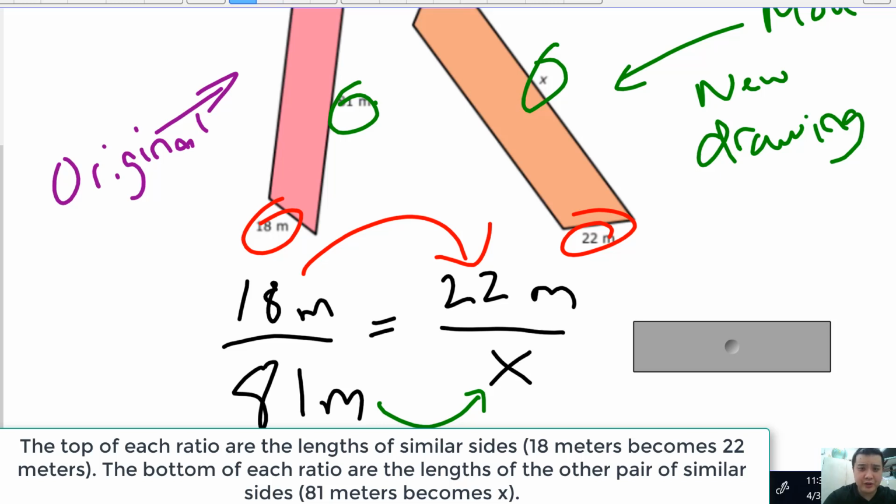I'm going to rewrite the proportion so it's a little bit easier to see, or erase some of this right here. Again, we're going to multiply the means together and the extremes together.